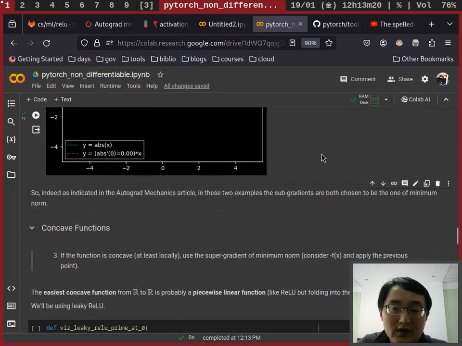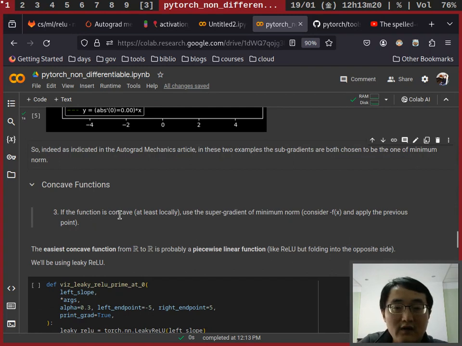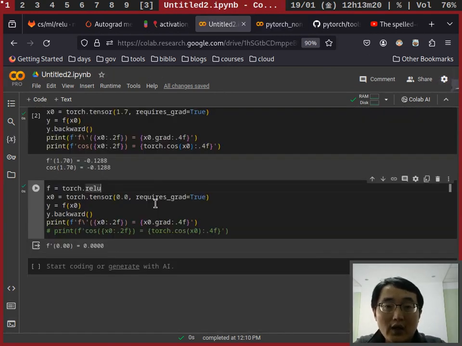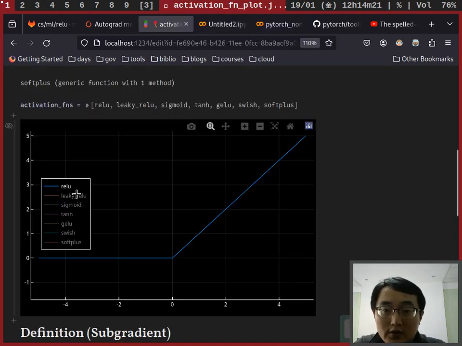Now let's move on to concave functions. That is the third statement. It says that if the function is concave, then PyTorch will use the supergradient of minimum norm. For a simple concave function, we'll choose a piecewise linear function, and here we choose the leaky ReLU. We have introduced the leaky ReLU here. It is like this.